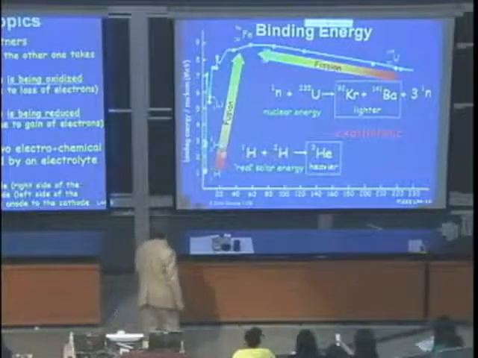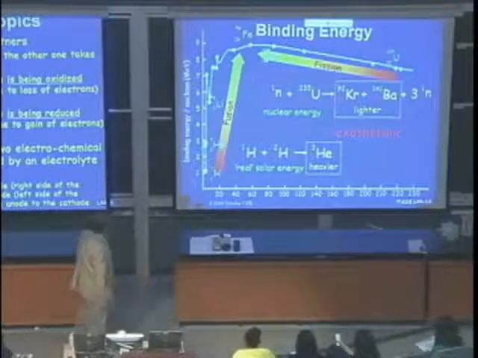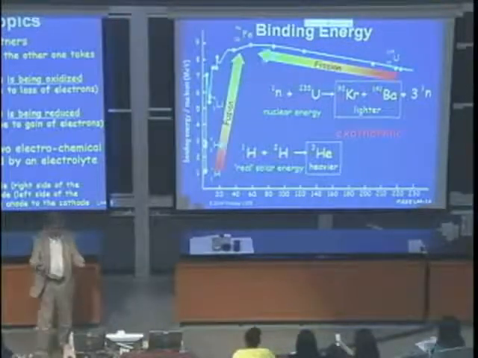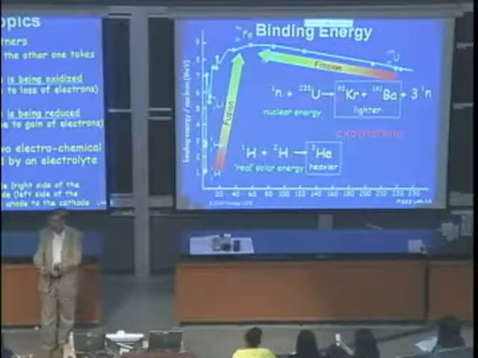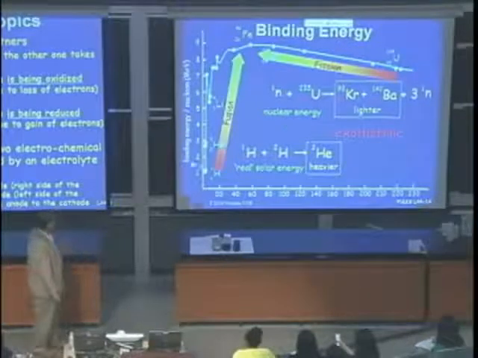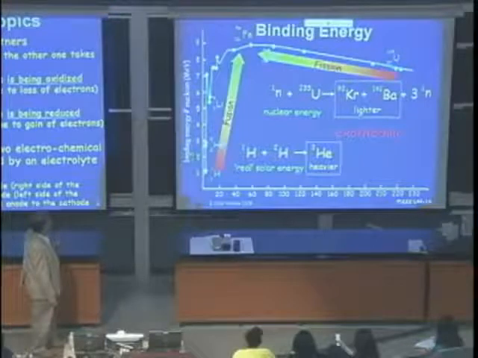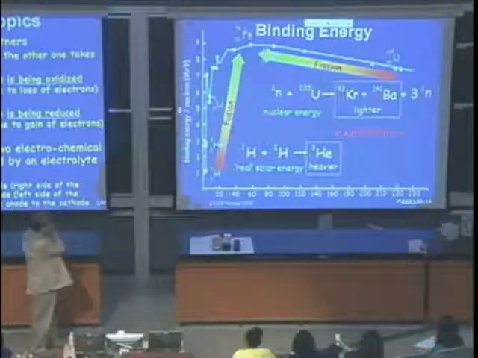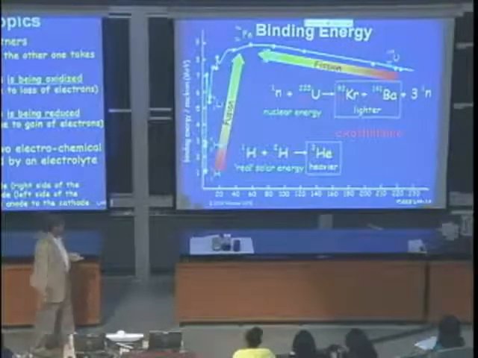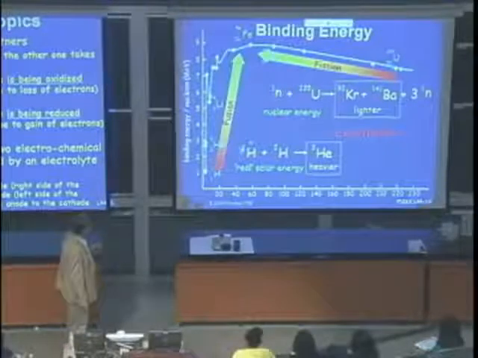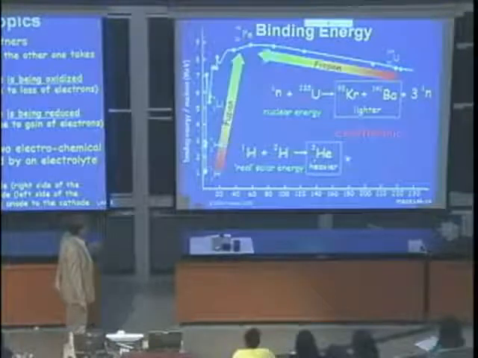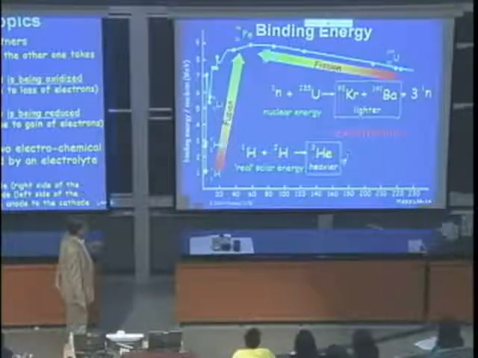And this is the binding energy per nucleon. When they bind, they release energy. And this is what they release. To make a hydrogen, it's the release of about 1 MeV per nucleon, okay? And if I have hydrogen and heavy hydrogen, if I fuse those together, then I get helium-3, not helium-4, helium-3.